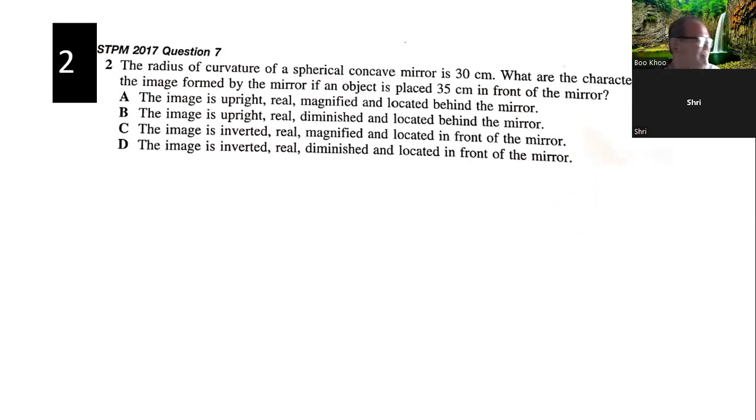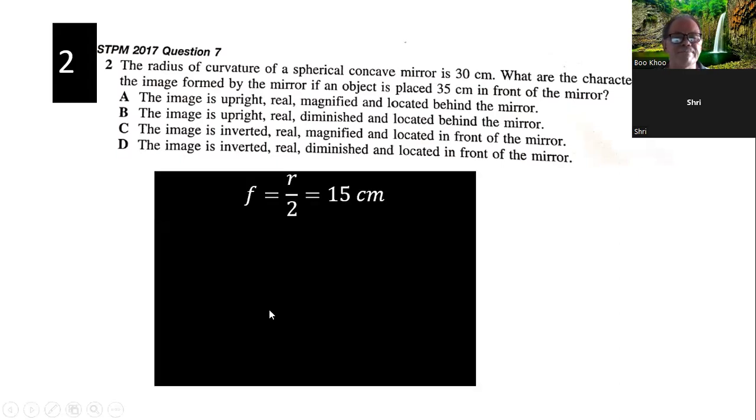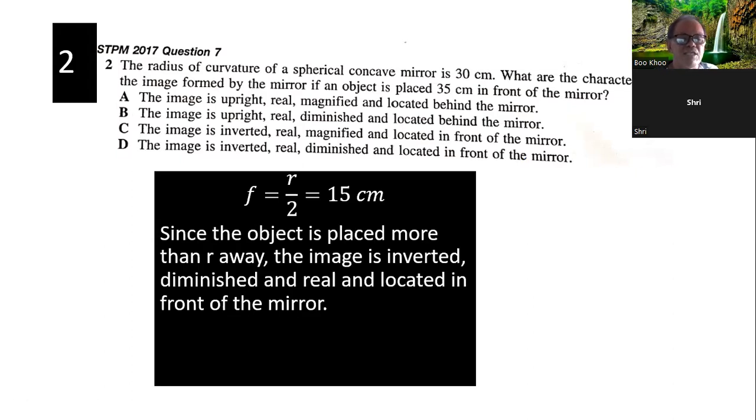Either you memorize it or you work it out, draw out the ray diagram. Find your focal length. Since the object is placed more than 2F away, the image is inverted, diminished, and real, and located in front of the mirror. Okay, good, Donkey.